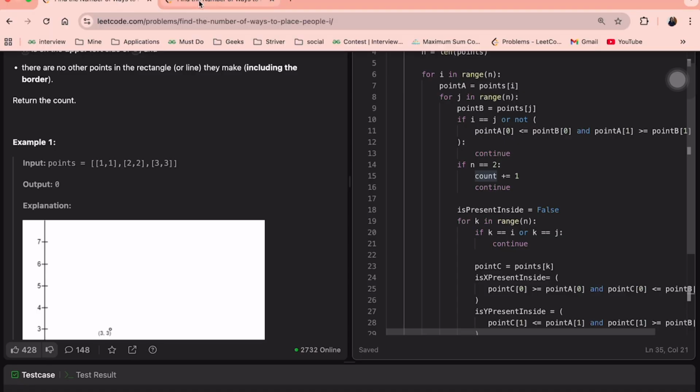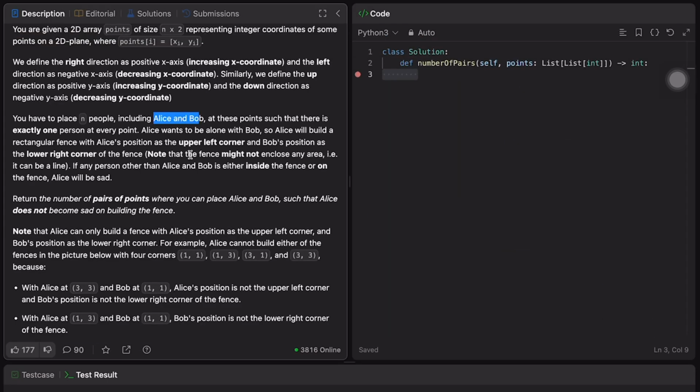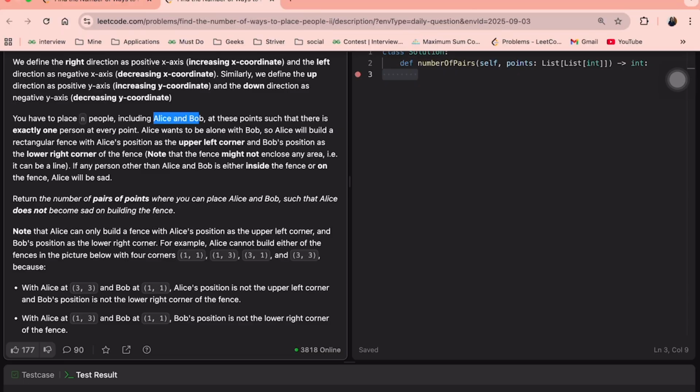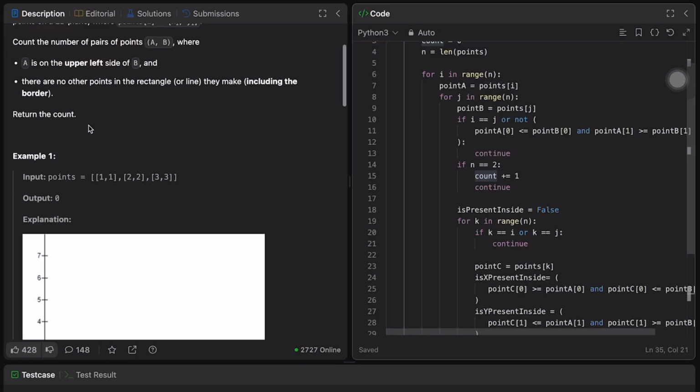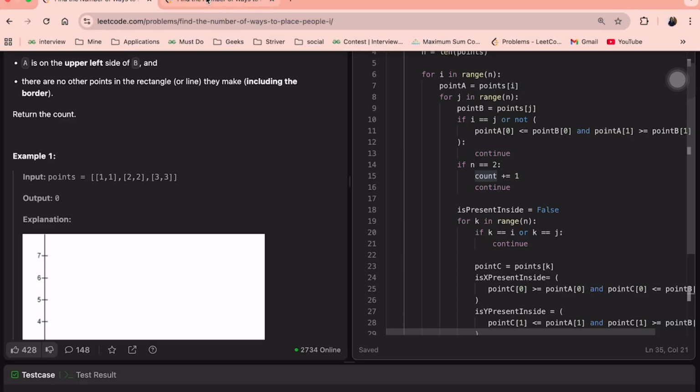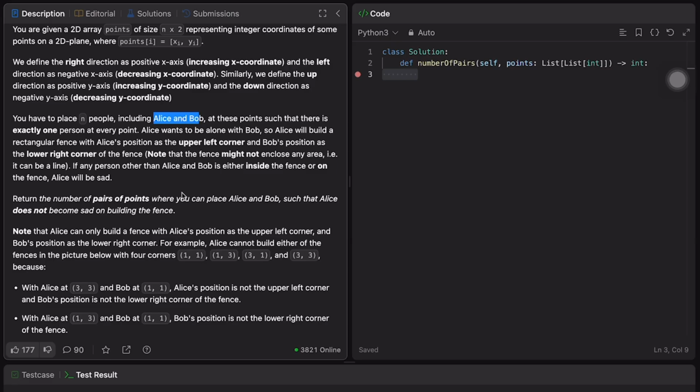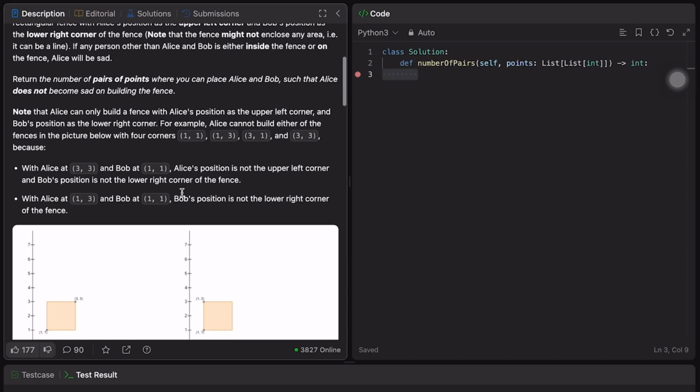The wordings are different here, but the question is the same. Now we have to return the number of pair points where you can place Alice and Bob, and there should be no points on the rectangle or line, including the border. We have to return the count of pairs. It's exactly the same. Got it?